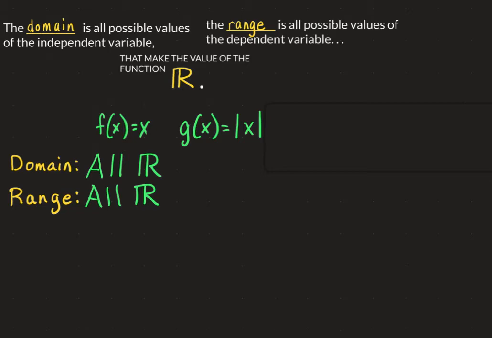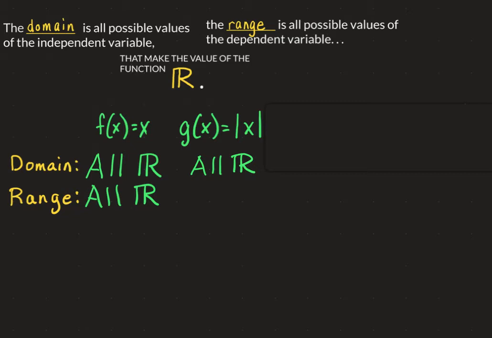Okay, so this is all real numbers for the domain. So you put any real number into the absolute value of x. Any real number for x.